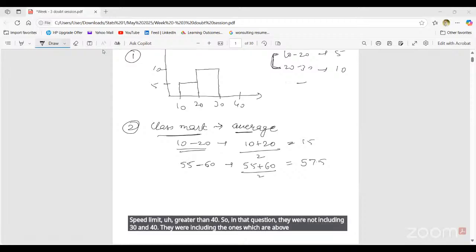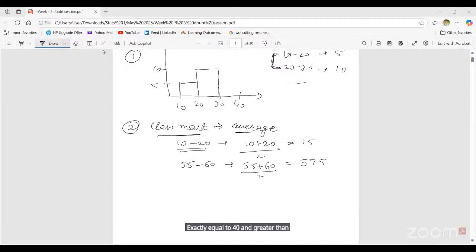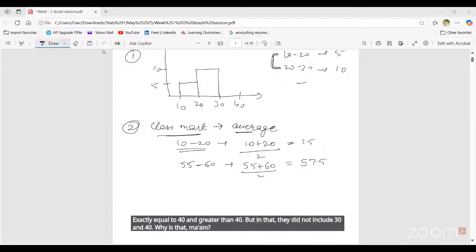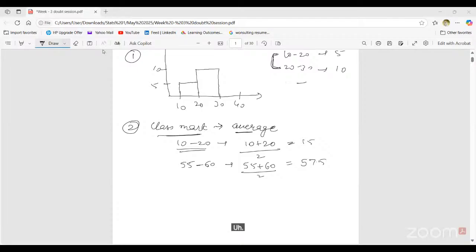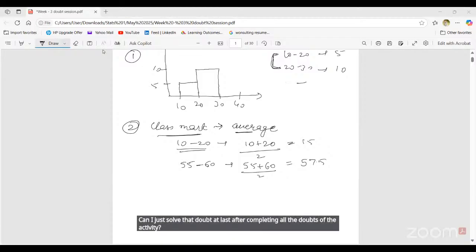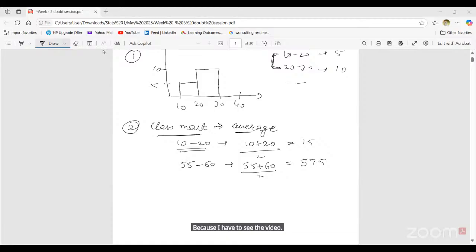The question said exactly equal to 40 and greater than 40, but they did not include 30 and 40. Why is that, ma'am? Tutorial 1, right? Okay, I've not seen that video. Can I solve that doubt at last after completing all the doubts of the activity? Because I have to see the video. Okay, ma'am.